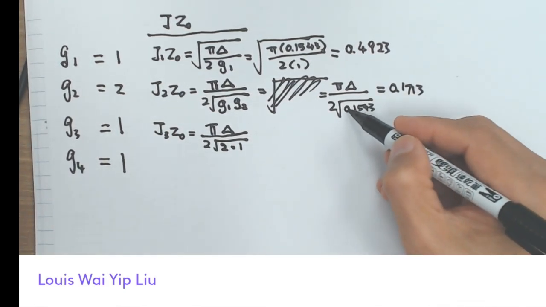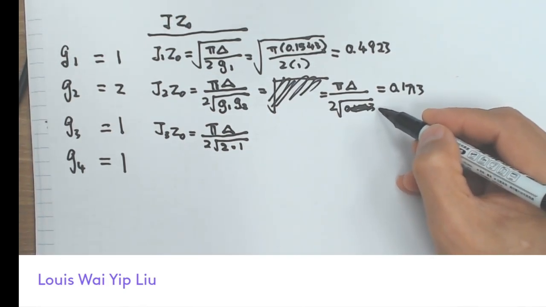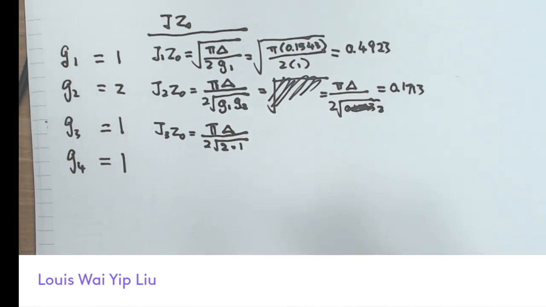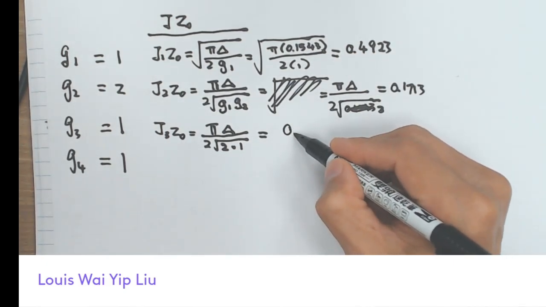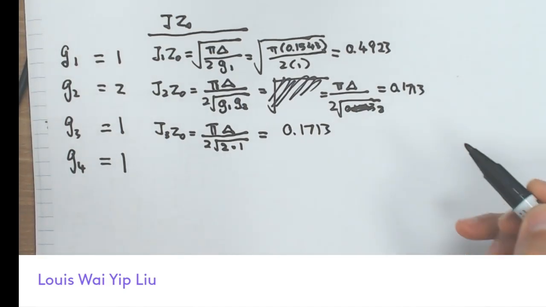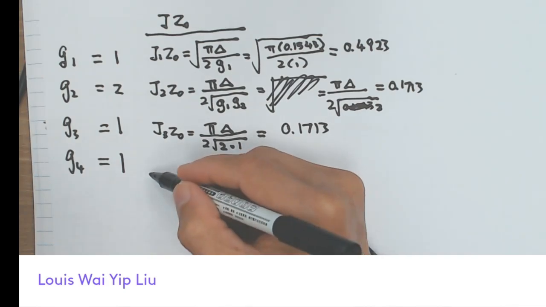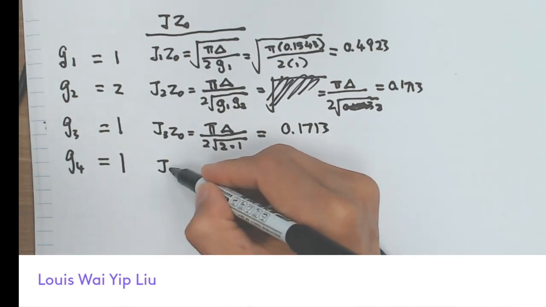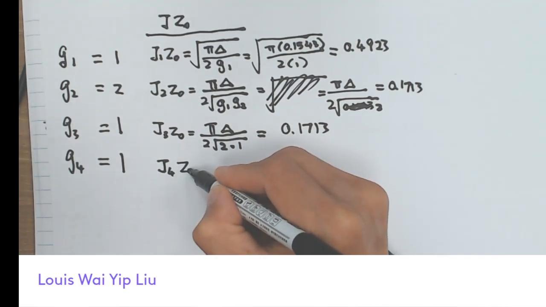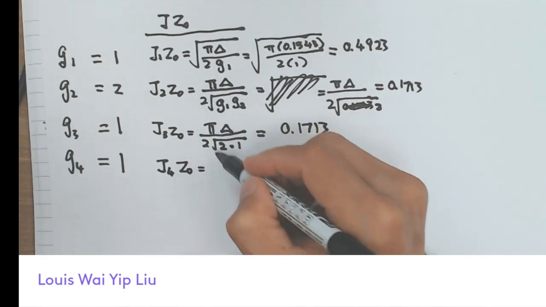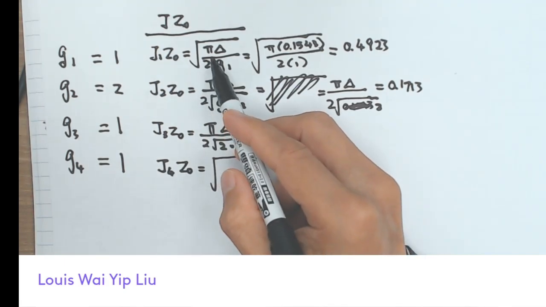This one should be 2. So if you do it carefully, you will get 1.3. And for this one here, the formula should be similar to the one for the start stage.